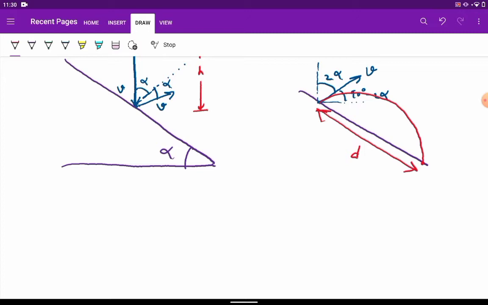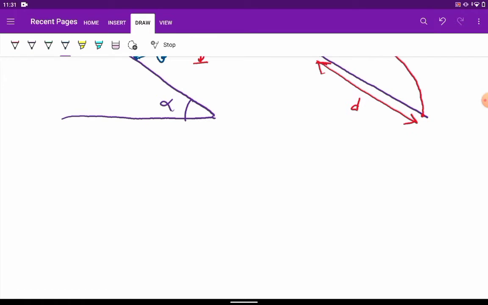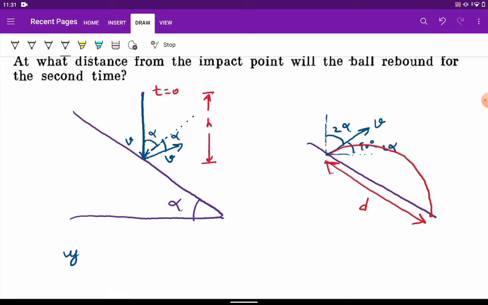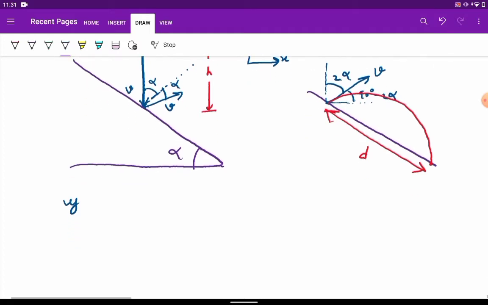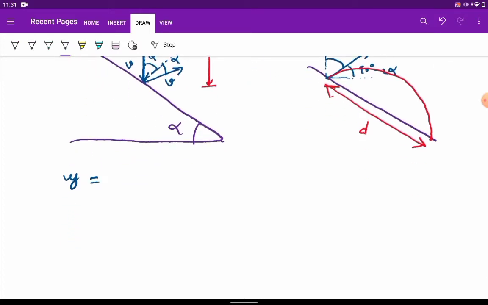what we can do is, from a previous problem, and this is a really important formula to know: let's say this is the positive x and the positive y direction, the vertical is the positive y direction, then y is equal to x tan theta minus g x square by 2 u square cos square theta.